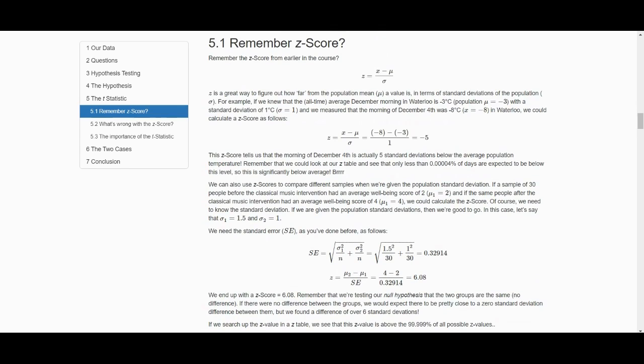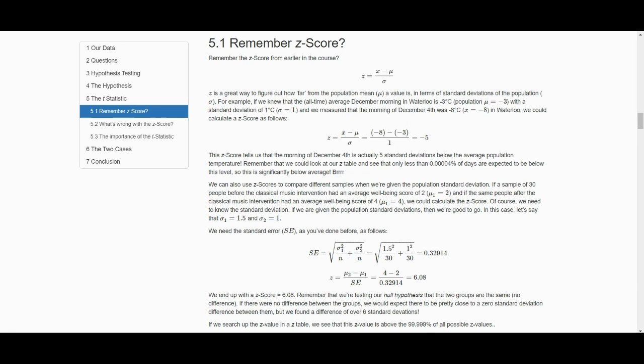So, remember the z-score? Z is a great way to figure out how far a value is from the population mean in terms of standard deviations.